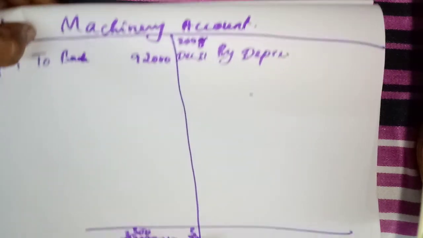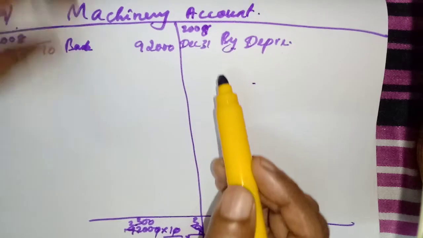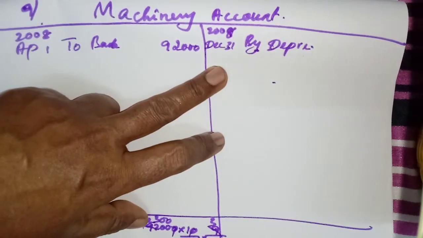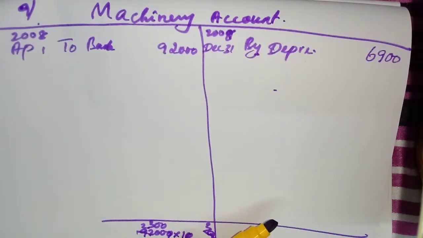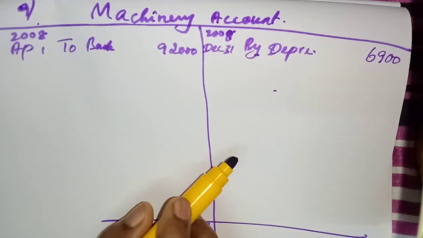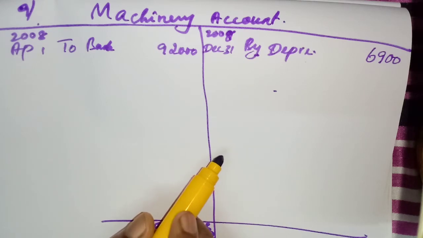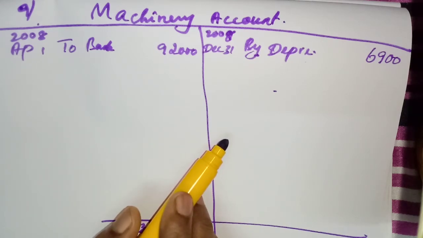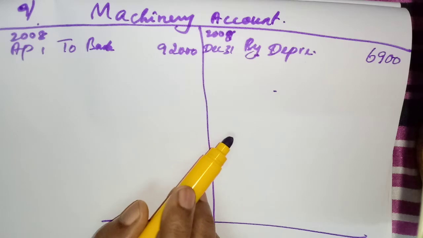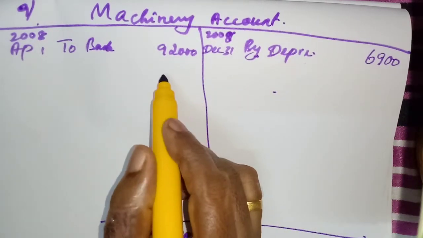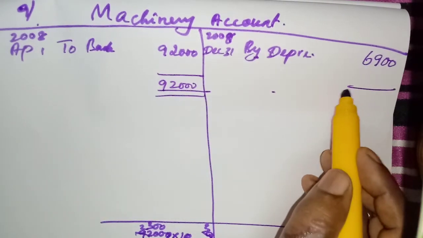You have to be careful about the date, when we are purchasing and the date of depreciation. Depreciation 6,900. So this year we are closing. You have to read that problem correctly, when they are selling everything. Now 8 December, no problem. They are selling that one on 30th June 10 only, so next year 9 we can calculate. Now we will close this year. 92,000, here also you write 92,000.